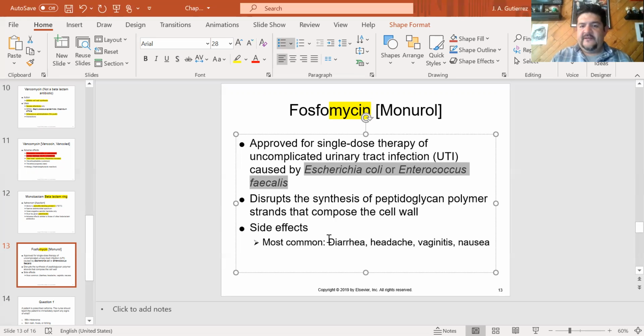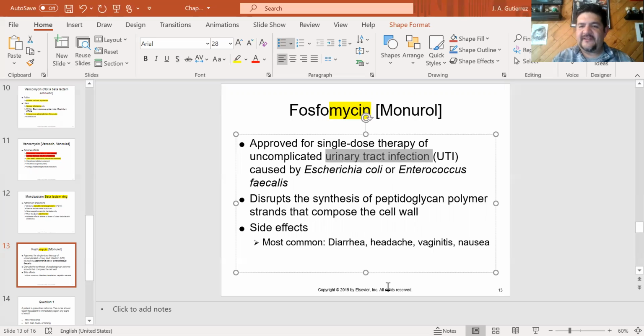Regarding adverse effects, again, always look for allergic reactions. If they say diarrhea, we are talking about pseudomembranous colitis caused by C. diff. It may cause headaches, vaginitis, irritation of the vagina, because this medication is going to be excreted through urine.